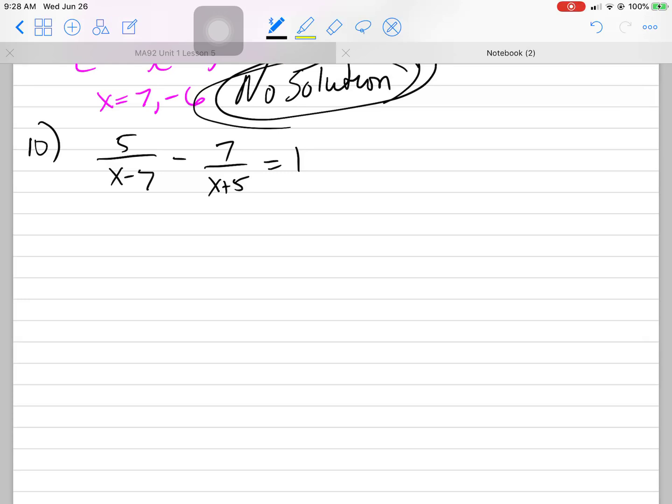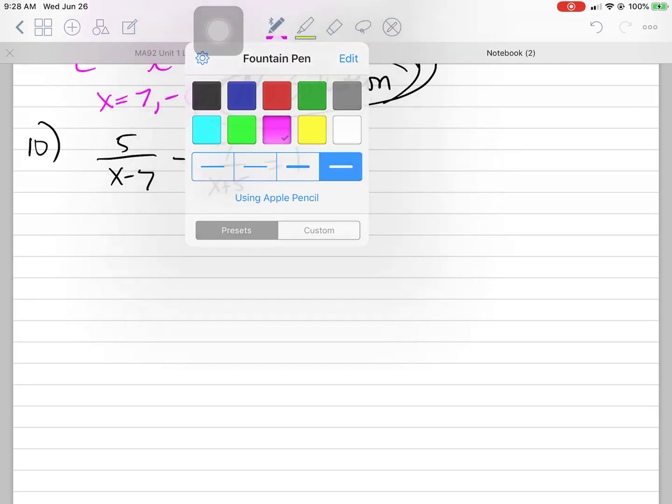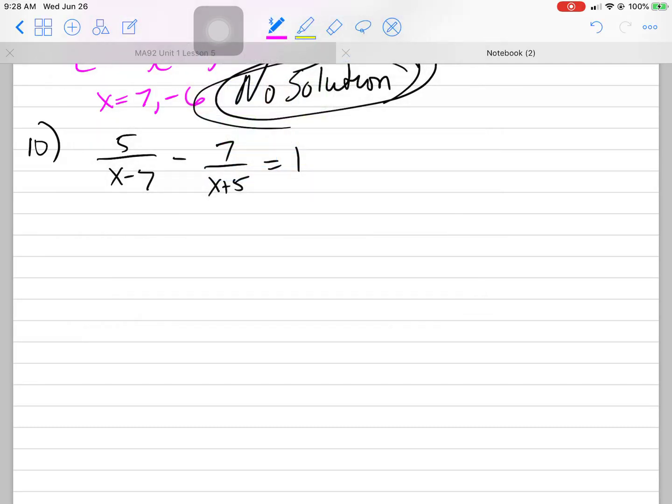All right, so this looks like a weird one. What's the LCD? The LCD of these two multiplied together, because they don't have any factors in common, so you multiply them together like that, and multiply each of the terms by the LCD, okay?